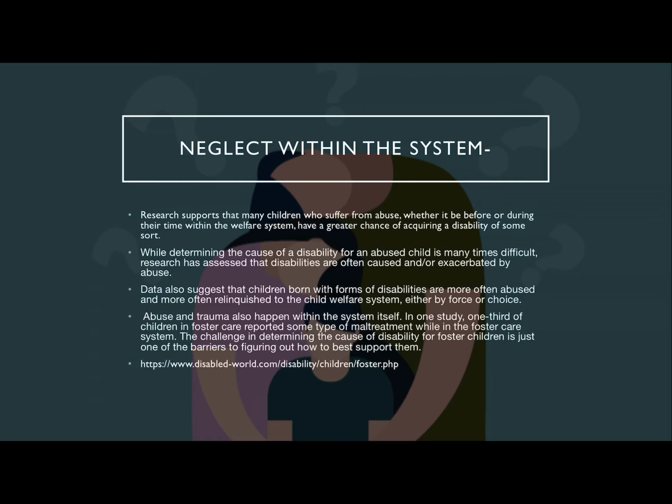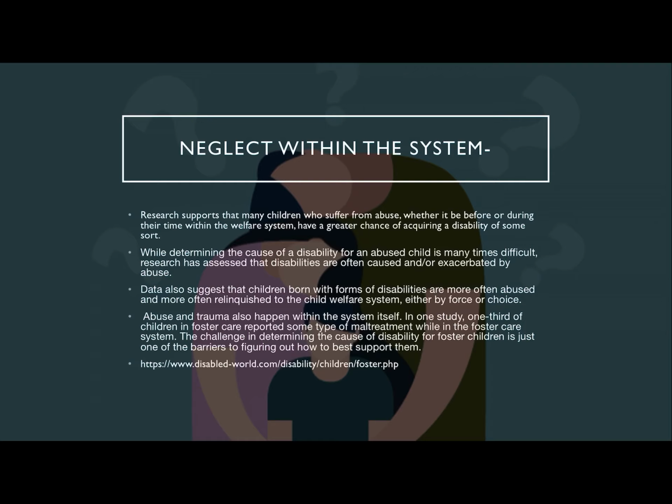And research supports that many children who suffer from abuse, whether before or during their time within the welfare system, have a greater chance of acquiring a disability of some sort. So as I mentioned, like mental health, PTSD. While determining the cause of a disability for an abused child is many times difficult, research has assessed that disabilities are often caused and or exaggerated by abuse.